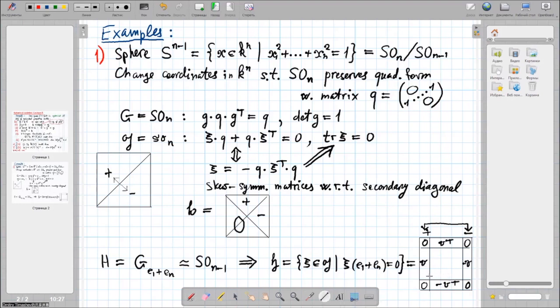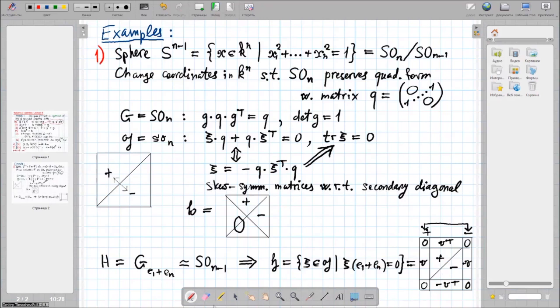And in this middle block of size n minus 2 by n minus 2, we should have something which is skew symmetric with respect to its secondary diagonal. So if we have something here, then on the symmetric place matrix entry, we have the same thing with the opposite sign. So this is the matrix picture for the Lie algebra of H.